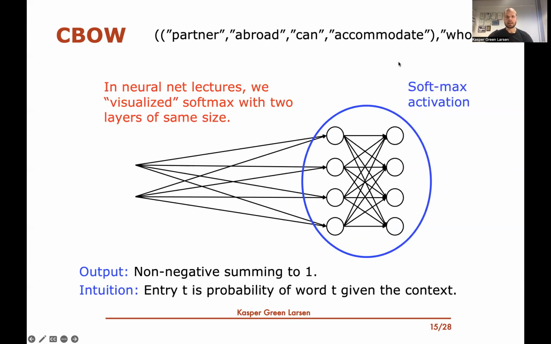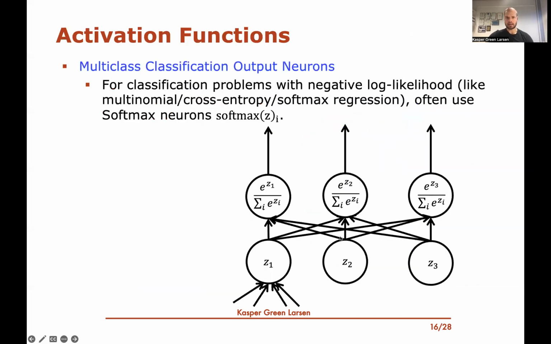Okay. And in these neural net videos that we looked at earlier, we drew this softmax layer just to remind ourselves what it is. We drew it as 2 layers, really. We have an identity activation in the first one, and then the softmax was basically doing this: you have one neuron for each of the neurons in the previous layer.